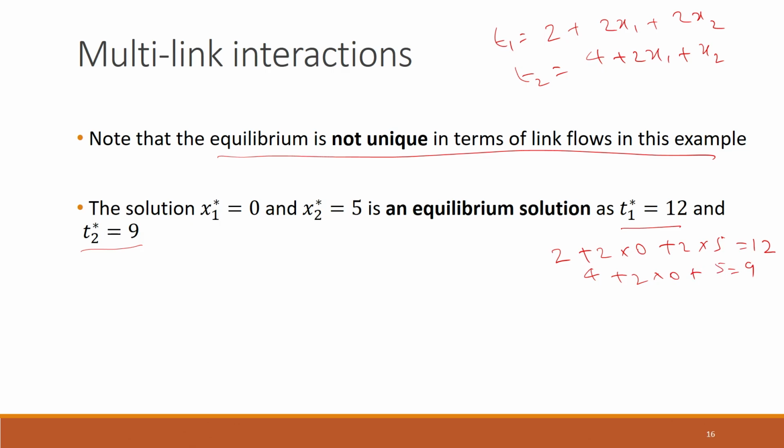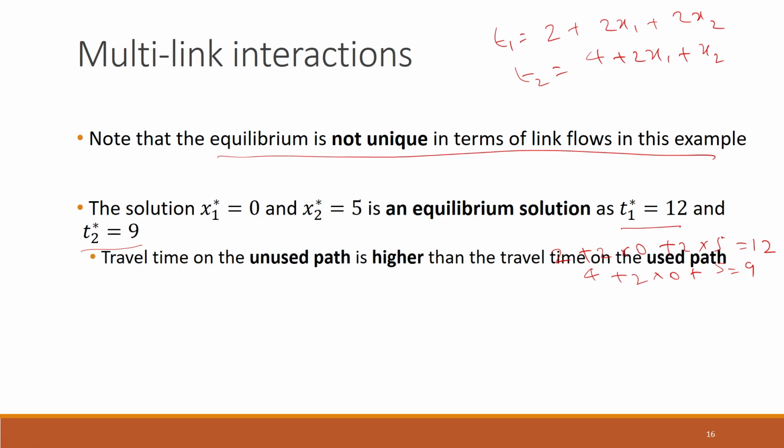So, this is what we get. Now, this is an equilibrium solution. Why? Because the first link is not getting used at all, but its travel time is higher than the second link which is getting used here. Because 12 is greater than 9.